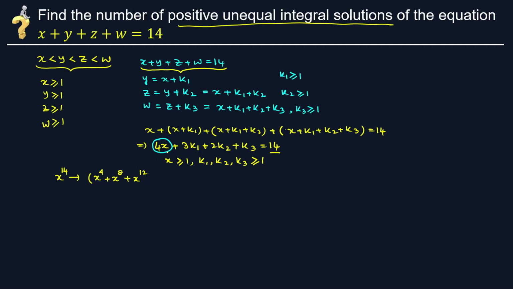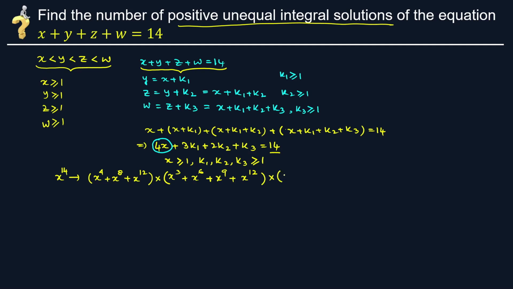So when x becomes 4, 4x becomes 16. So 16 objects is not available. Only 14 objects are available. So we have to stop here. Is it clear? Now for k1, it will be what? X cube, x to the power 6, x to the power 9, x to the power 12. That's it.